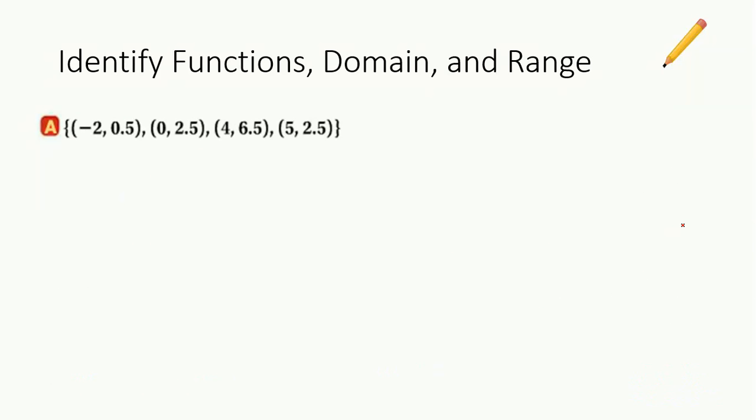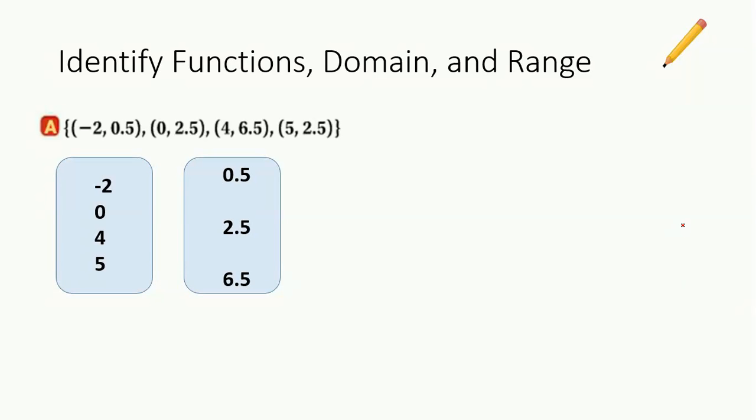Another example is when you just have ordered pairs. I find the best way to see if I have a function or not is to make a mapping diagram. So to put my x values in one, I'm going to put -2, 0, 4, and 5. And then my y values are going to go in the other one. Notice how I didn't write 2.5 twice. I'm just writing it once. Then I'm going to start matching my values. So -2 is related to 0.5, so he's going to go over there.